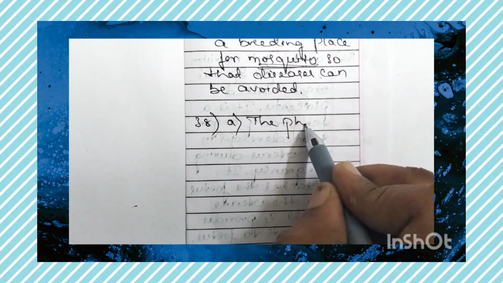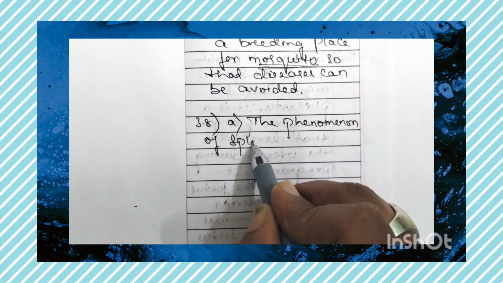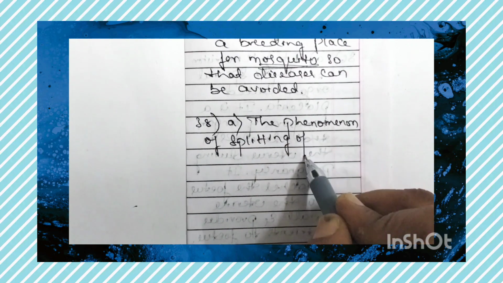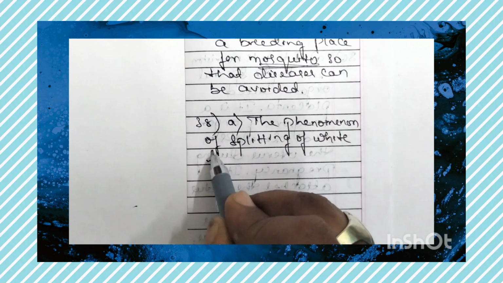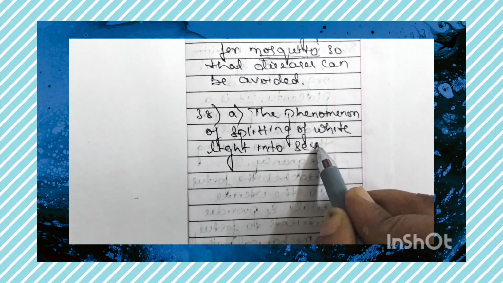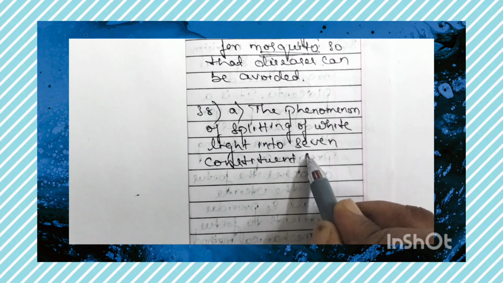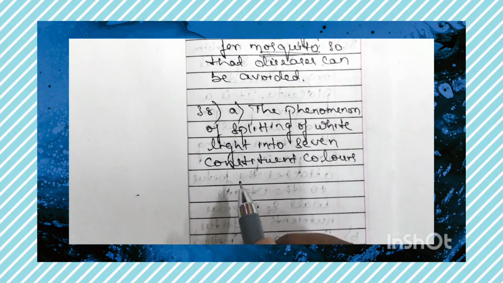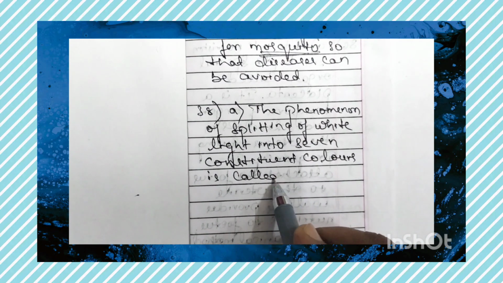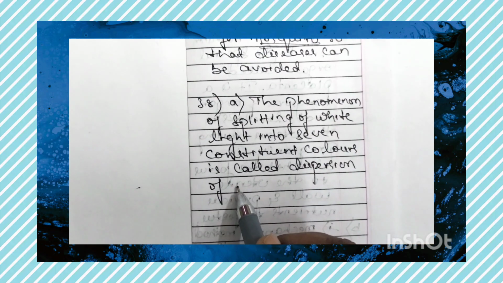The phenomenon of splitting of white light into seven constituent colors is called dispersion of light. ಇದನ್ನೇ ನಾವು dispersion of light ಅಂತ ಕರಿತೀವಿ. So this is about the dispersion of white light.